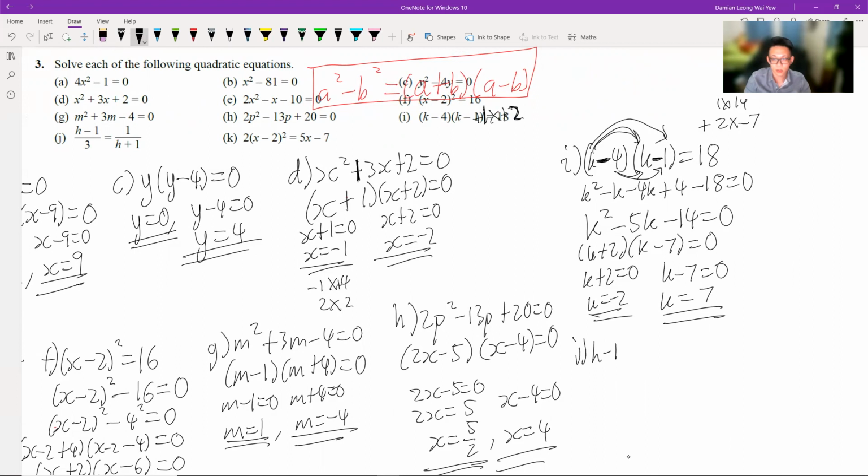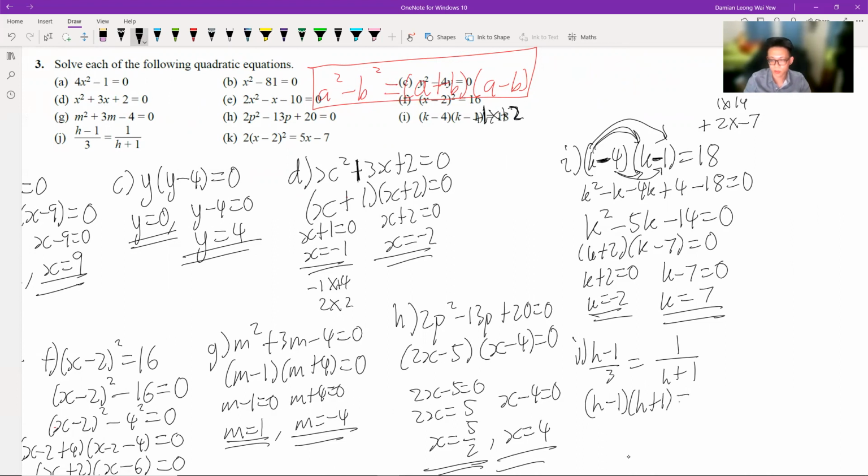H minus 1 over 3 equals 1 minus H plus 1. Okay, so get rid of the fractions first. Okay, so bring up this, divide, become times. Make sure you bracket the whole thing. So when it's inside a fraction, it's like having a bracket. Okay, so make sure you don't leave out the bracket.